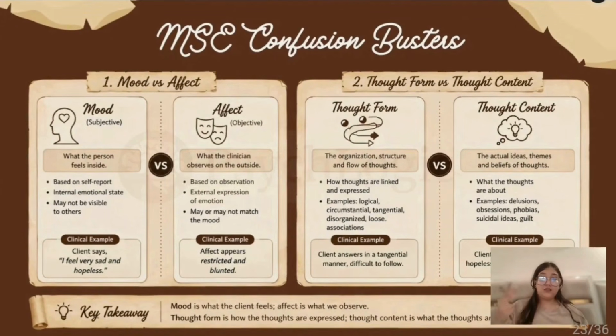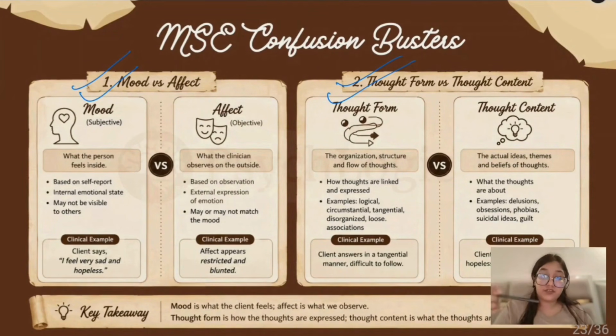Okay. Now, as I said, there are two topics that are extremely confusing and extremely frequently asked: mood versus affect, and thought form versus thought content. Let's first understand mood versus affect. I have been feeling very sad for the past month. This is what a client comes to you and says. What is this? This is mood. Mood is told to you by the client.